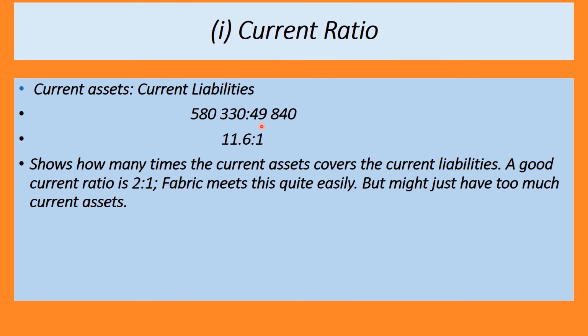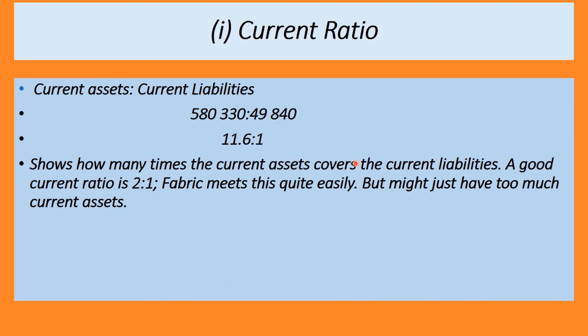We said the current ratio, the liabilities is always 1. So in order to get the figure for this side, we have to divide the assets by 49,840, and we'll get 11.6.